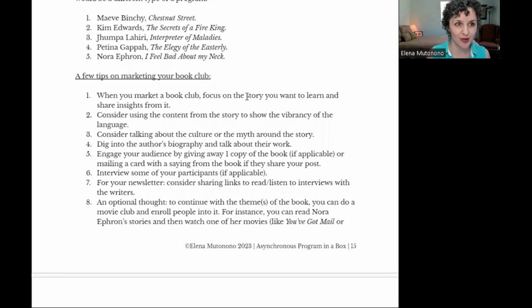And the shorter the story, the deeper your program is going to be, and the more enthusiastic your students are going to be, because they will feel like not only have they finished the story, which is harder when you have a long book, but they will have gone really in depth and built the vocabulary and confidence and all those skills that can be transferred into their workplaces or their schools where they are using English.